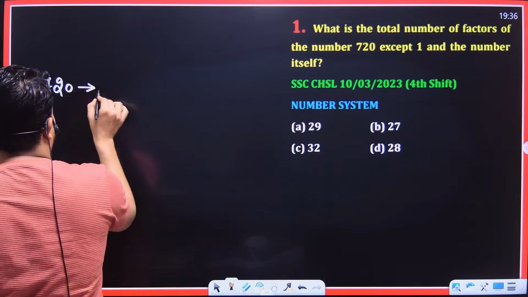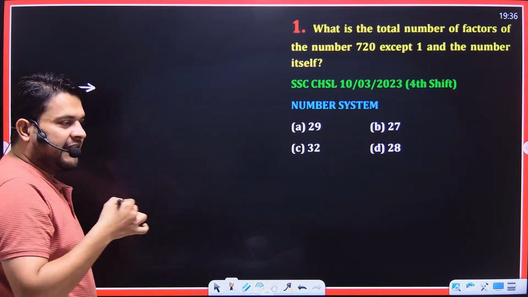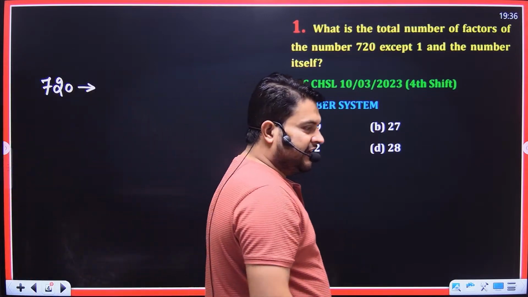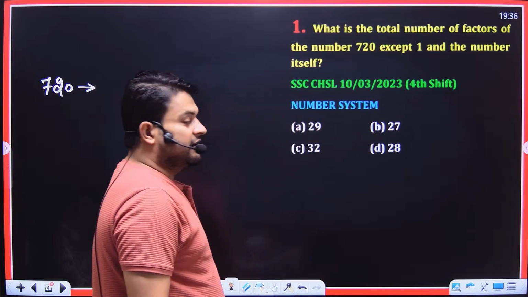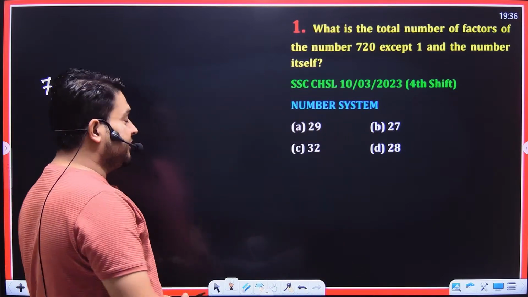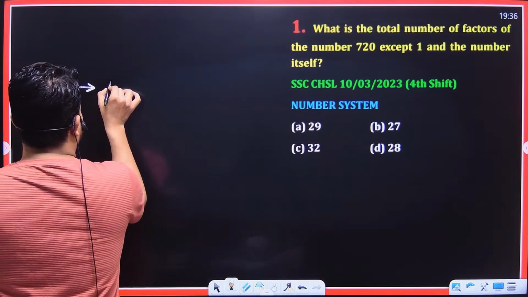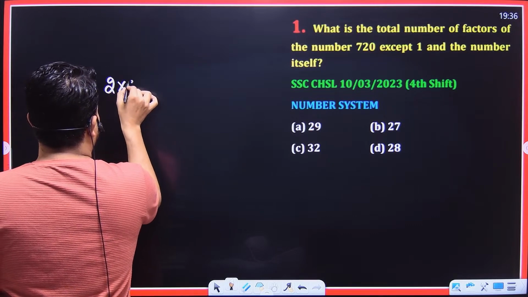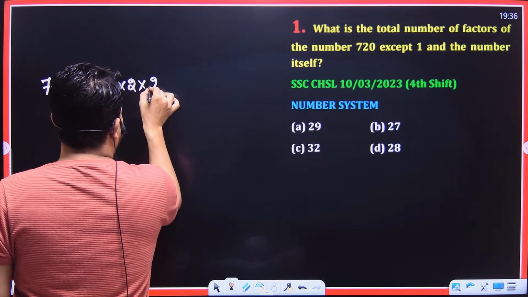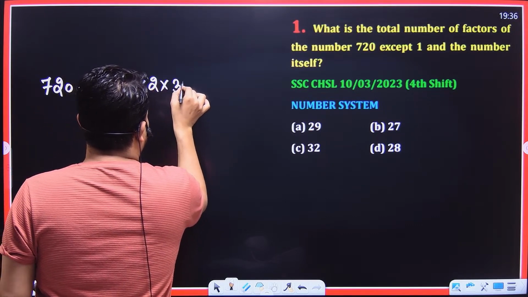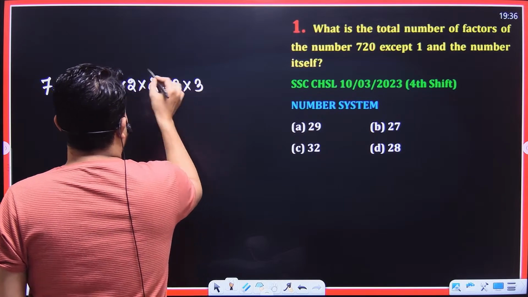See, this is nothing but 8 into 9 into 10. So 8 we can write as 2 into 2 into 2, and 9 is 3 into 3. 8 times 9 is 72.